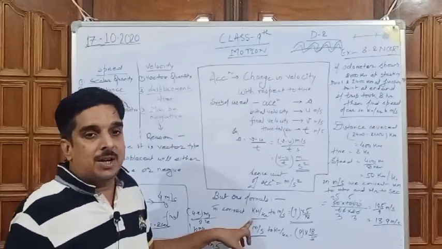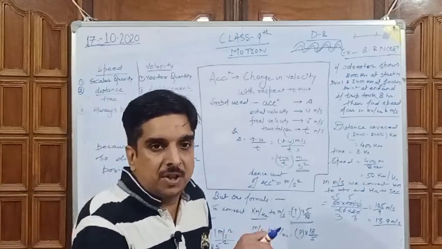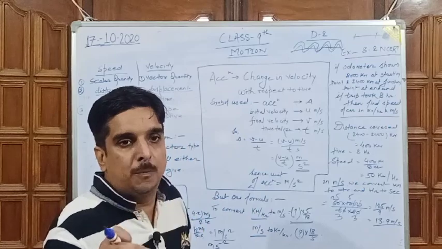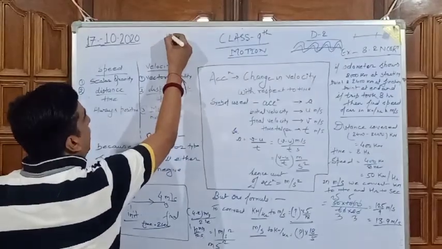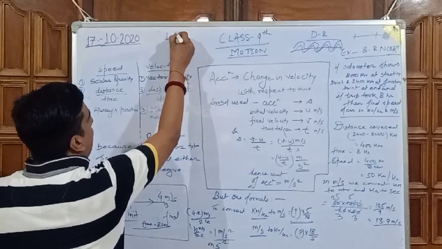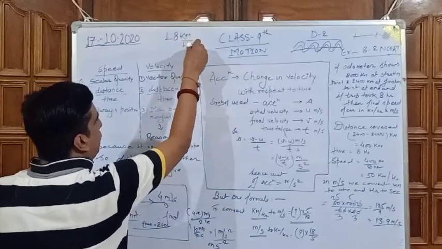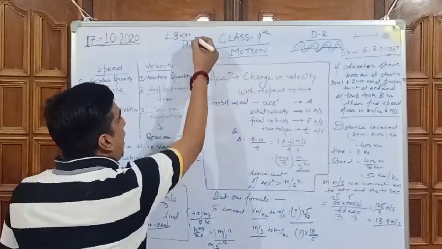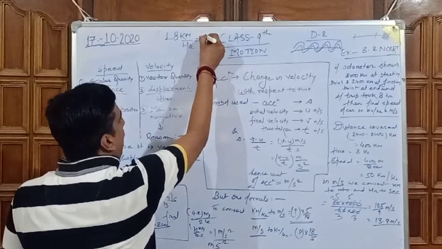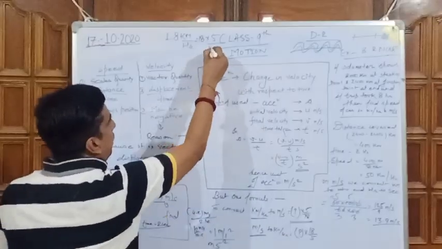To convert kilometer per hour into meter per second, we simply take the value given in kilometer per hour. For example, if the value is 18 kilometer per hour, we simply take 18 and multiply it by 5 by 18.